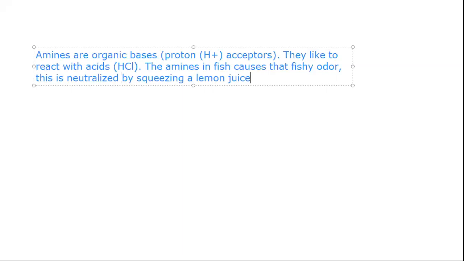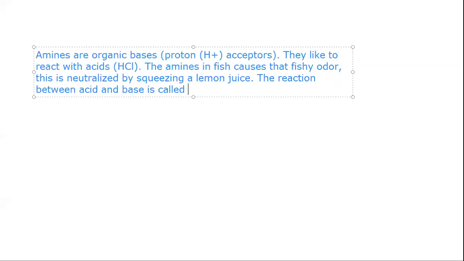Yes, we add lemon. The amines in fish cause that fishy odor, and this is neutralized by squeezing a lemon. That's exactly what we do. The reaction between acid and base is called a neutralization reaction.